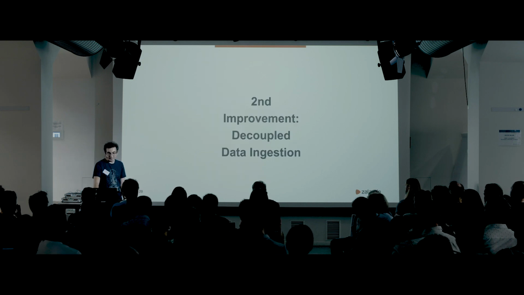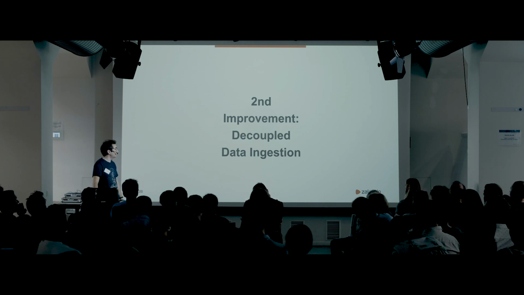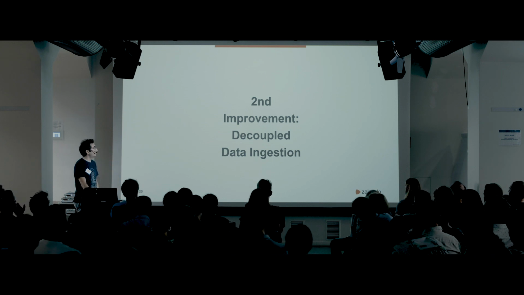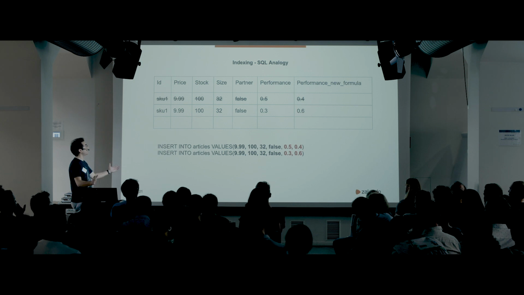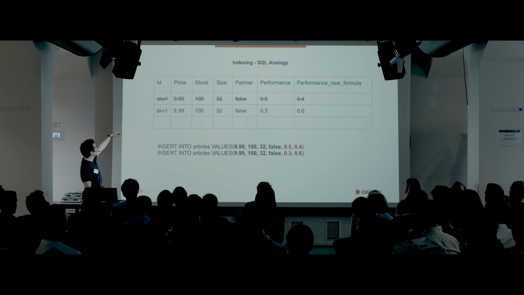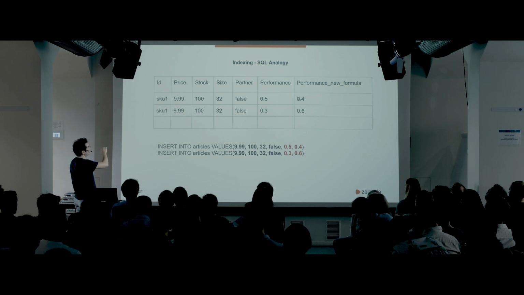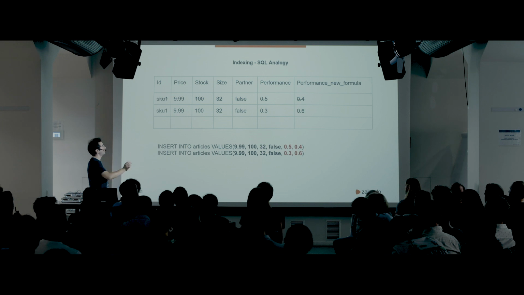So the second improvement was that we decoupled data ingestion for sorting. What does it mean? So again, SQL: insert into classical ones. Let's say we have an SQ1, but we only want to change its performance and performance new formula, like popularity and popularity new formula.